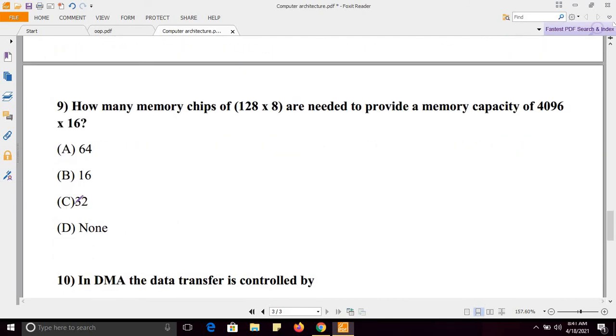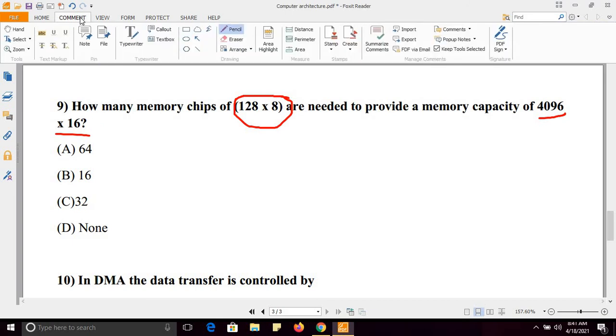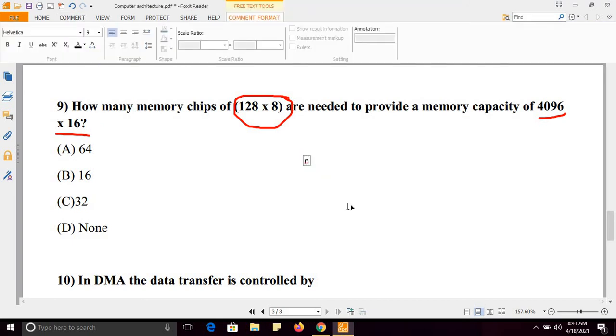Next question. How many memory chips of 128 into 8, very easy question, are needed to provide a memory capacity of 4096 into 16? So we need to find N. Size of one memory chip is 128 into 8, and memory capacity that we require is 4096 into 16.